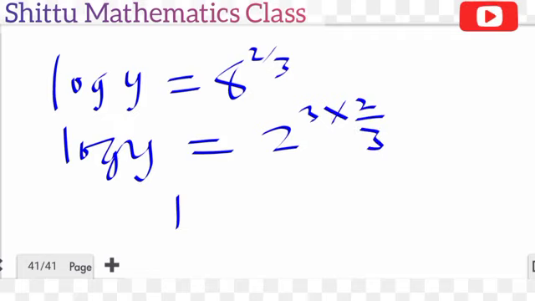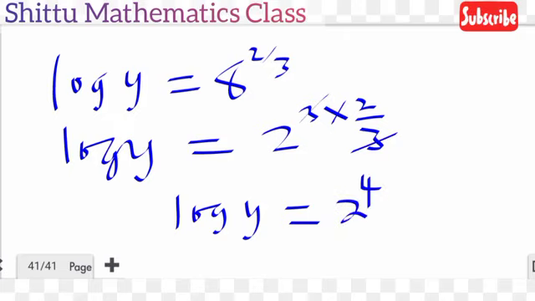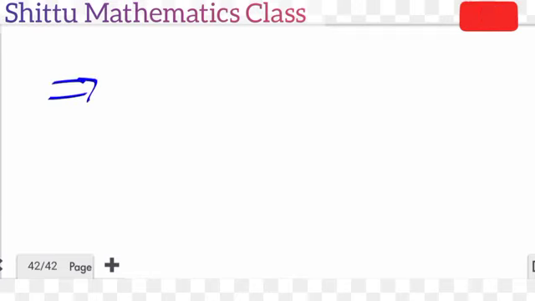So we have log y equals this one. We cancel the 3 and we are going to have 2 to the power 2. So we have log y equals 4.